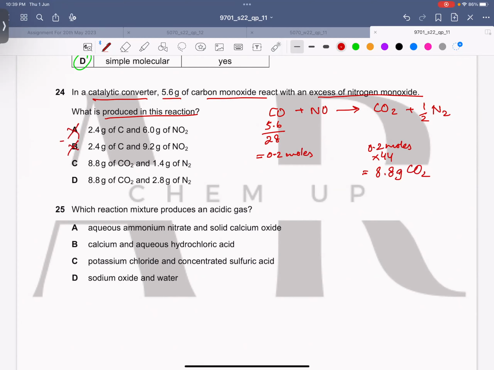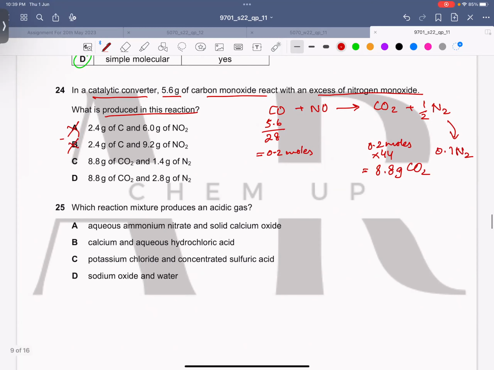And half a mole of nitrogen is forming, which means in this reaction 0.1 mole of nitrogen is formed. So 0.1 times 28 gives you 2.8 grams of N2, and here you go. So C goes wrong and D is your correct answer.